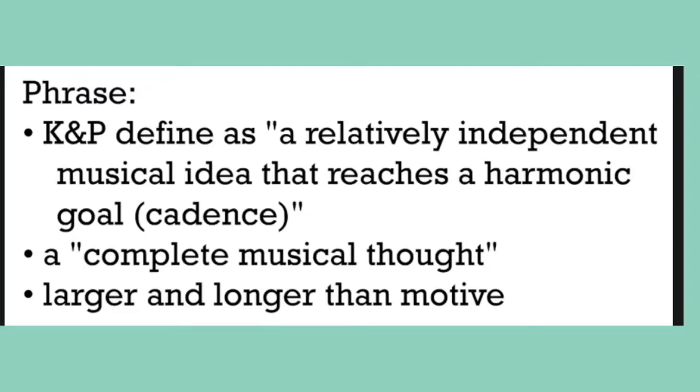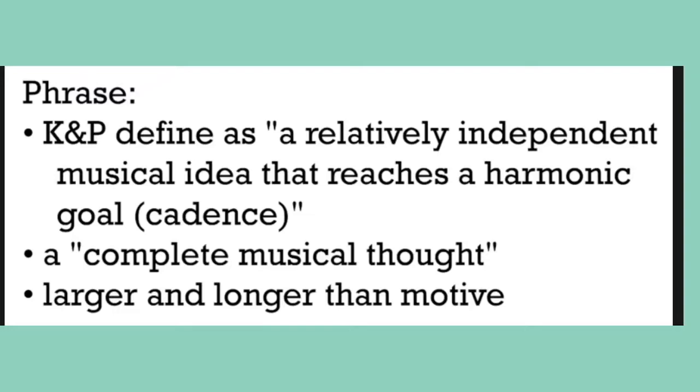Okay? Now, when we see these definitions, we might be a little bit skeptical, right? A relatively independent musical idea, well, what makes something feel relatively independent? One of the lovely things about this chapter is that we have to do a lot of thinking about it. What we define as a phrase is kind of up to us as music analysts. We can look at a phrase and say, well, I think these 4 measures feel independent, feel like a complete idea here.